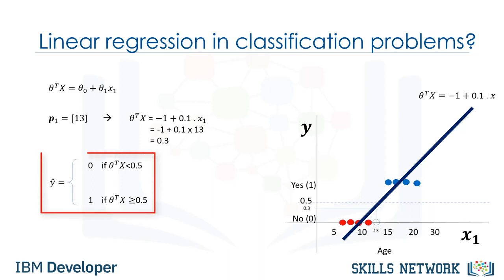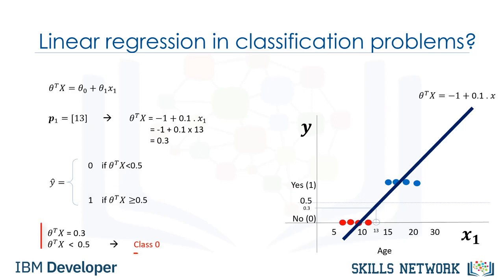So we write a rule here for our model, y hat, which allows us to separate class 0 from class 1. If the value of theta transpose x is less than 0.5, then the class is 0. Otherwise, if the value of theta transpose x is more than 0.5, then the class is 1.